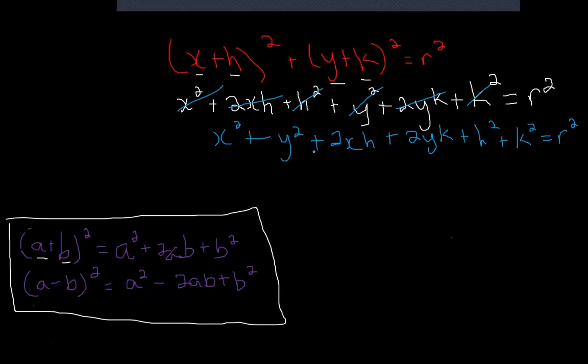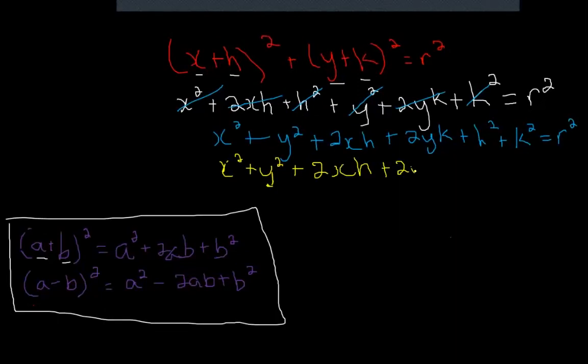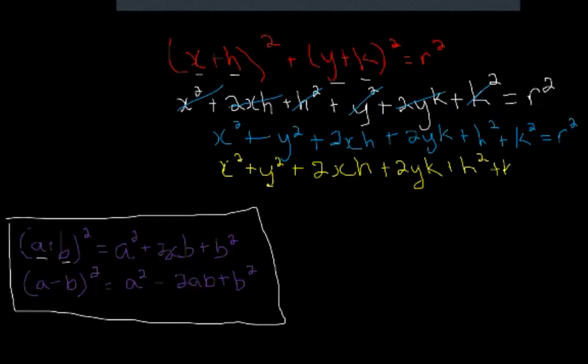However, what we're trying to do right now is put this whole equation equal to 0. So I could rewrite this again to get x squared plus y squared plus 2xh plus 2yk plus h squared plus k squared.